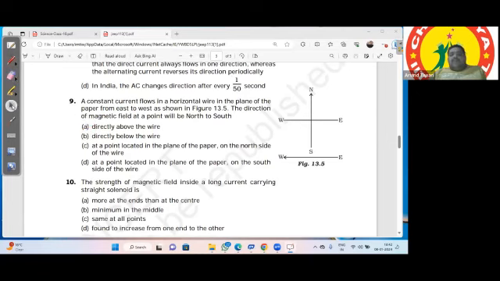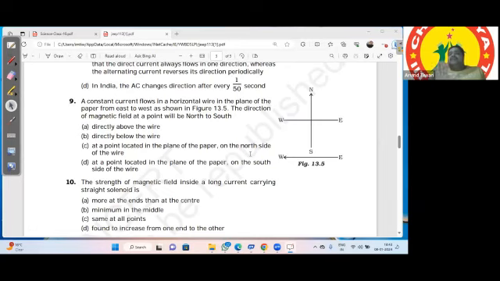Anyone who has not understood this question, let's see. Since the current is pointing east to west, use your right hand, and in your right hand, you should hold the current carrying conductor such that your thumb points in the direction of current.